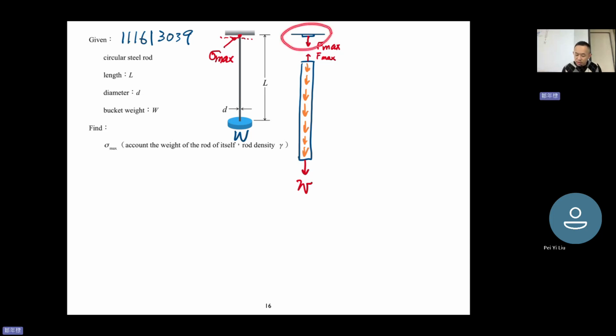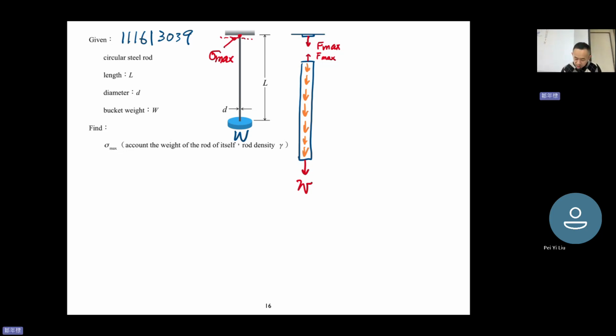And also, you can imagine that. Do you think this part is in equilibrium? It doesn't look like that, right? Because you only have one force and this part will fly away, right? So how to make it equilibrium?